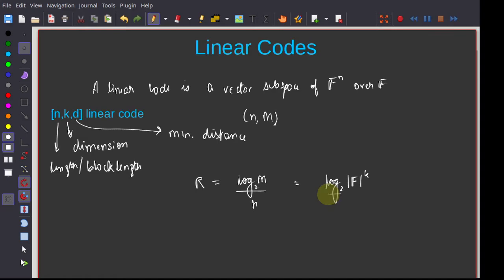So the rate is k log size of F divided by n. This is the number of information bits that you are transmitting per channel use.